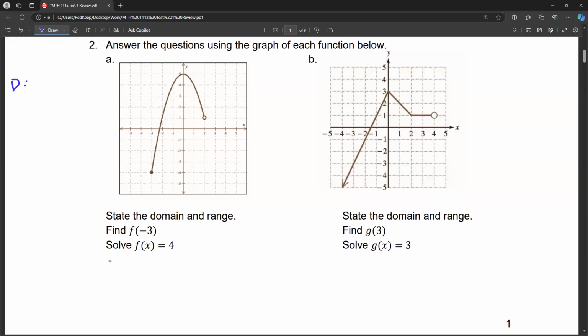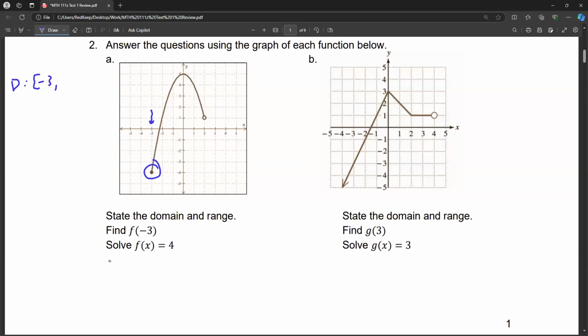So let's start with the domain here. We're looking at all of the x values plugged into this function. And we can observe that the lowest x value is -3, right? We can see that on the x-axis here. And it does include a solid dot on this end. So we will indeed use a square bracket for the left endpoint.